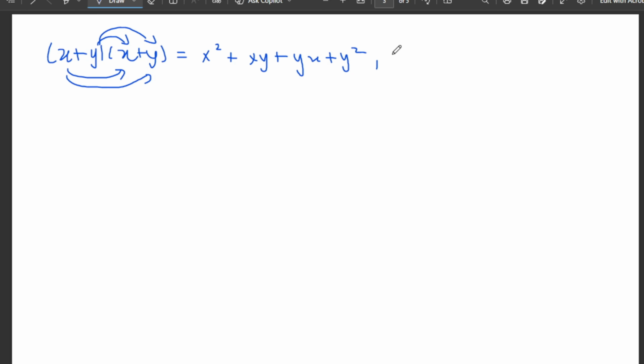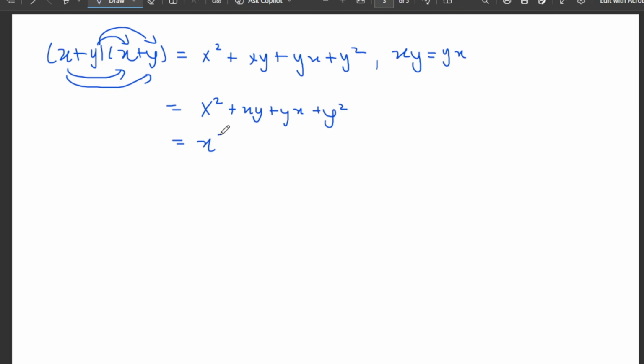And remember that xy equals yx. So this is called commutativity, but we can ignore the name for now. So we have x squared plus xy plus yx plus y squared.